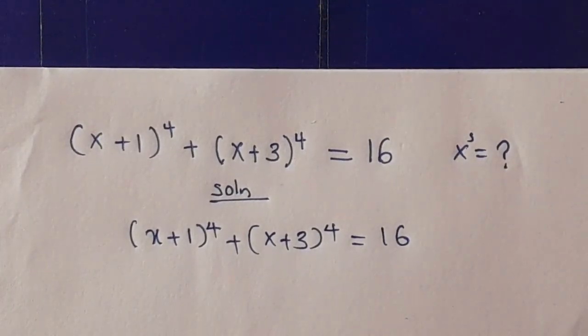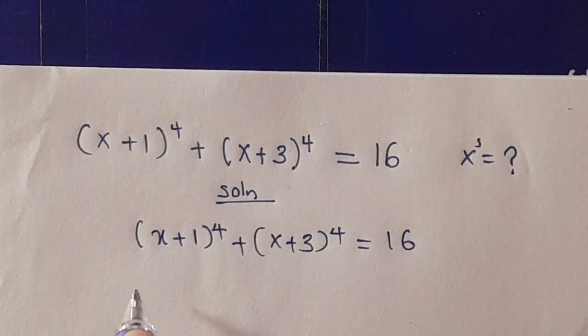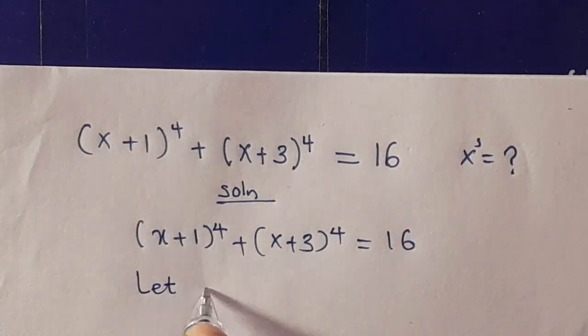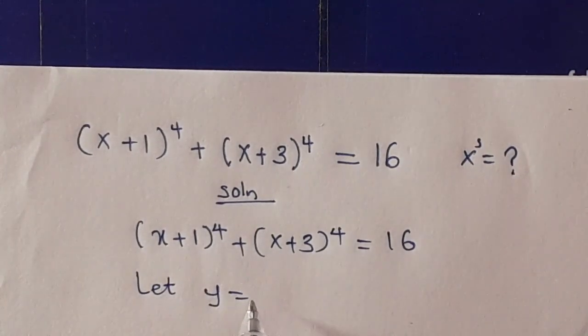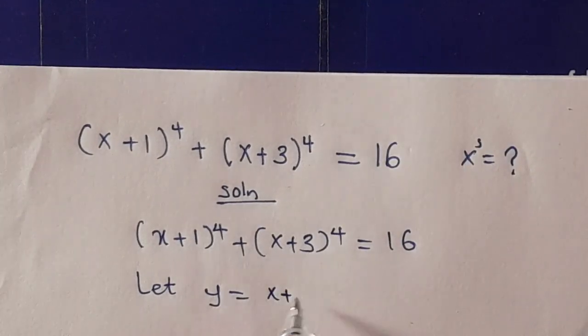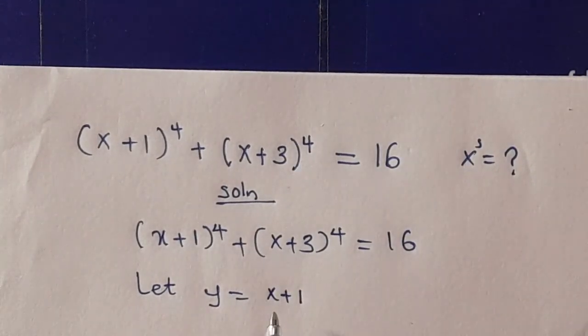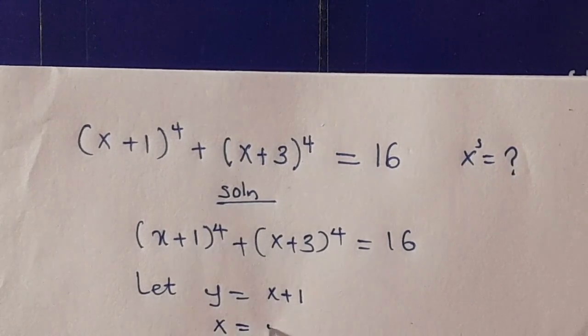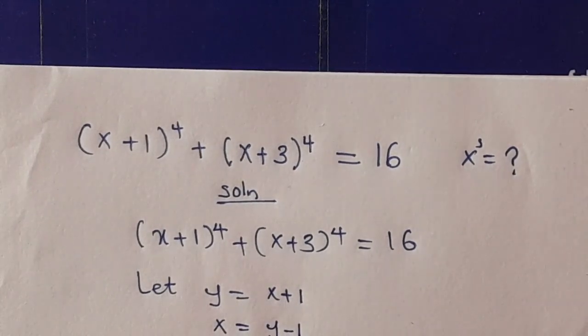Now to solve this, we can let y equal x + 1. And from here, when y = x + 1, we can now have x equals y - 1. That means anywhere we see x, we can substitute it as y - 1.